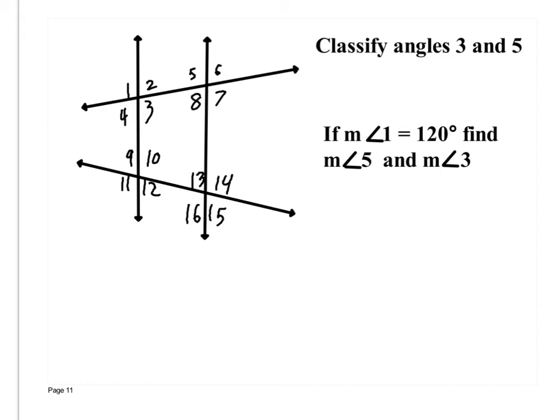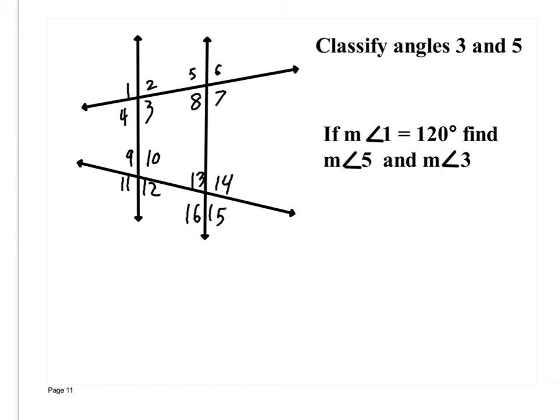So think about it. If we start on the first slide, are angles 3 and 5 vertical angles? Are they opposite of each other? No. So then we go to complementary angles. Are they complementary angles? I can't tell if they equal 90. I don't think so. Are they supplementary angles? Do they add up to 180?